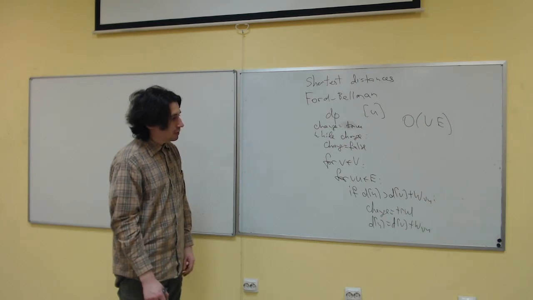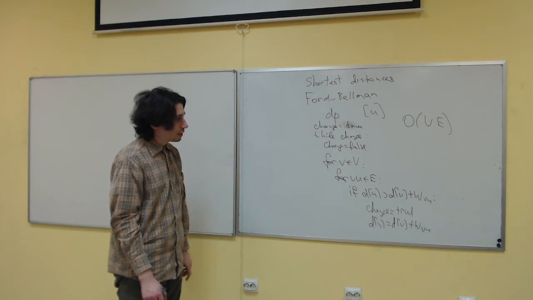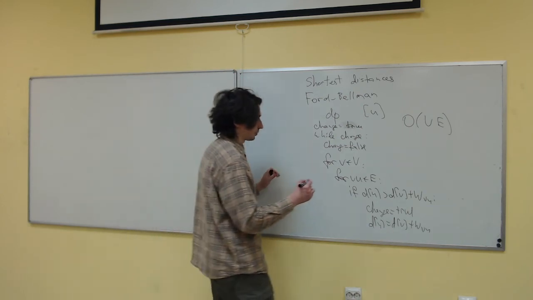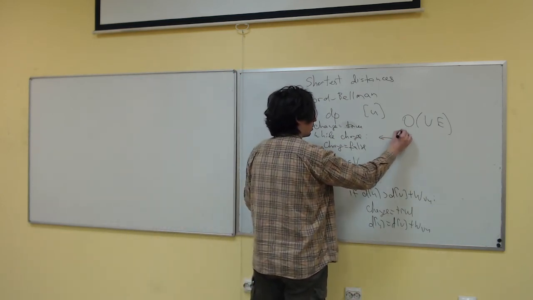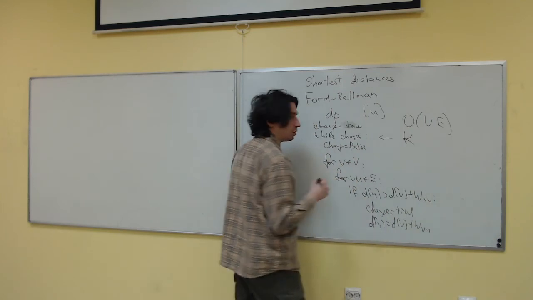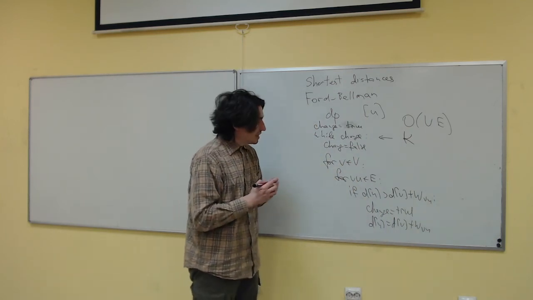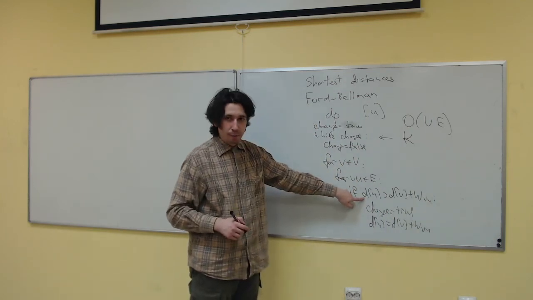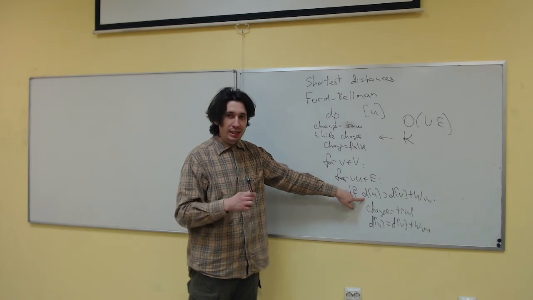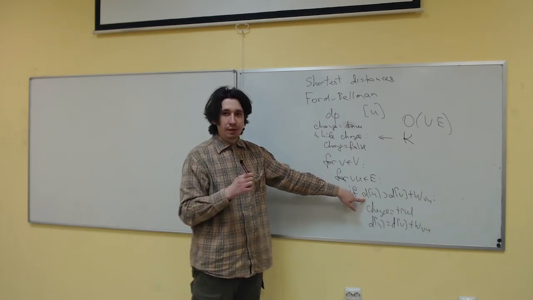I think this is pretty clear that it works. Suppose we are on iteration k. On the k-th iteration, d will store the shortest distance of at least k.